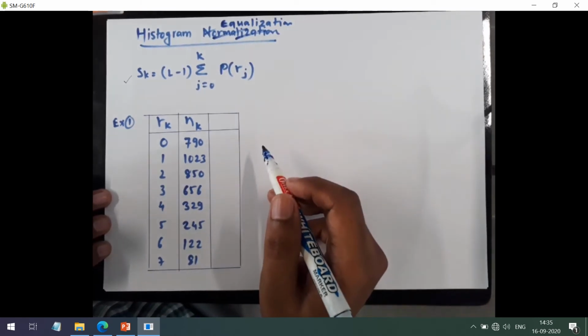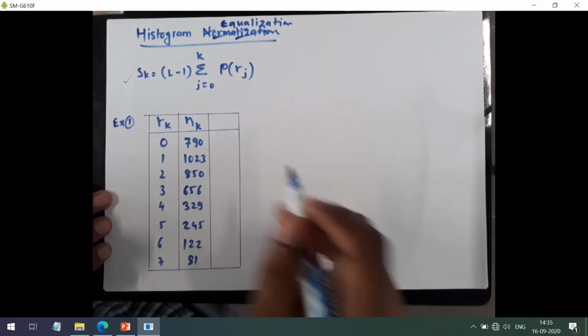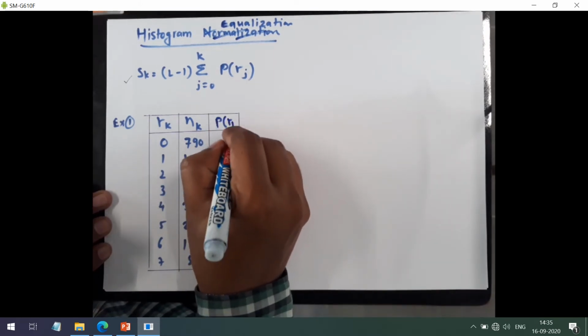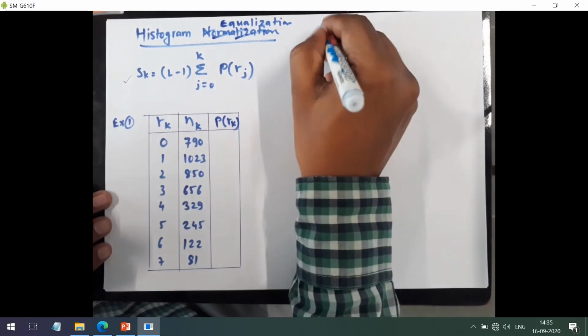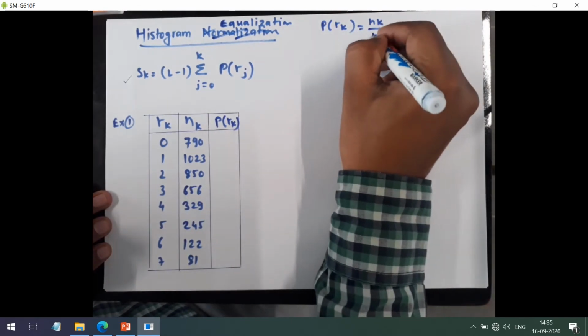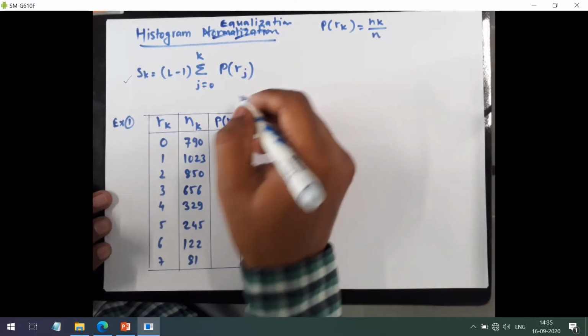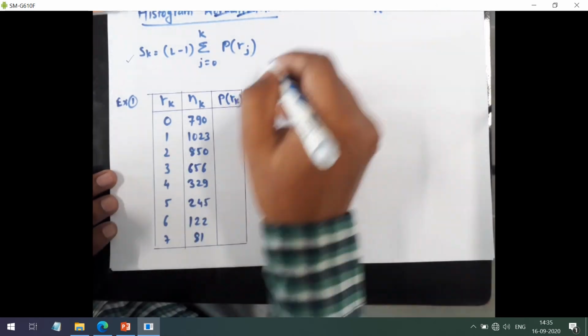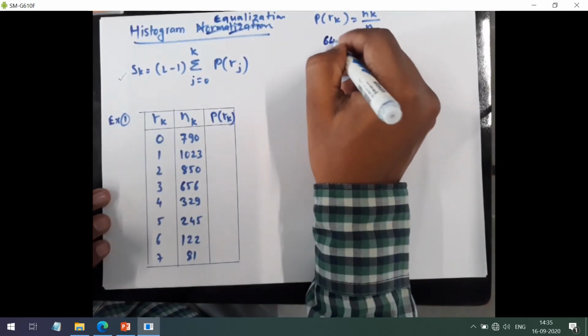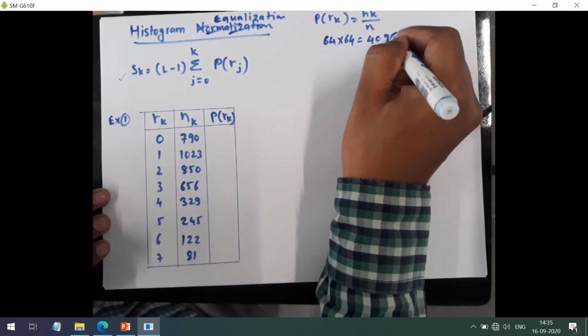Now the first step in histogram equalization is to normalize the histogram. So we have to find P of Rk, and we know the formula of P of Rk, which is Nk divided by n, the number of pixels. Here the image size is 64 by 64, so the number of pixels is 4096.